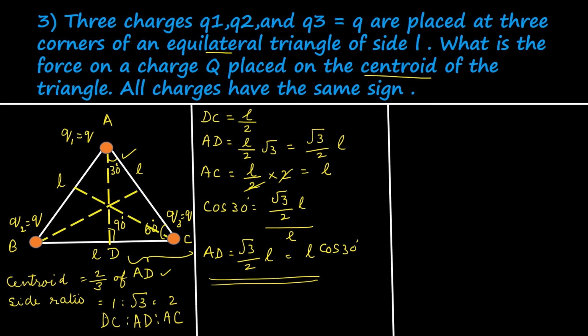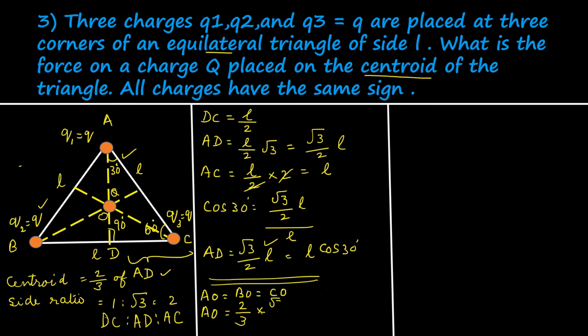Now we will complete the diagram and find out the centroid geometrically. The point where all the perpendiculars meet is the centroid marked O. Charge Q is placed there. Charge Q is at a distance AO from Q1, BO from Q2 and CO from Q3. AO is equal to BO is equal to CO, and AO is equal to 2/3 of AD.